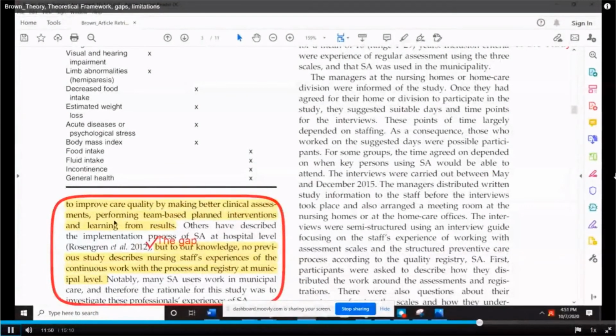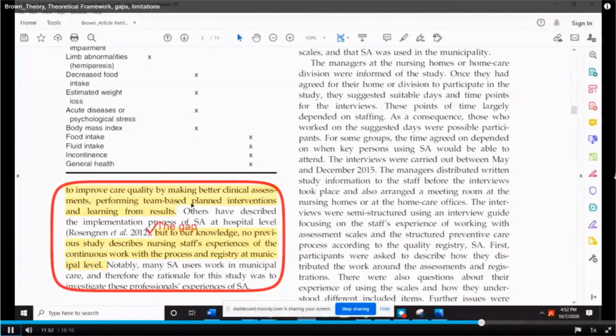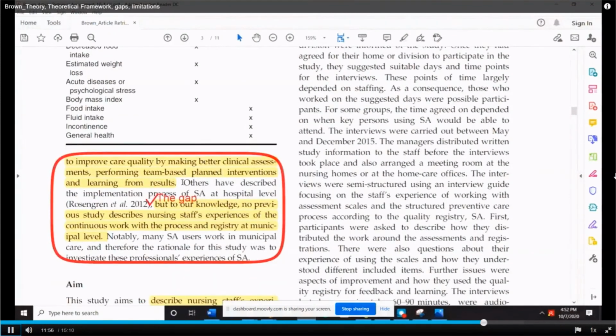Now, this is where they're getting to the gap. Others have described the implementation process of SA at hospital level, but here's the gap. To our knowledge, no previous studies, and so on.